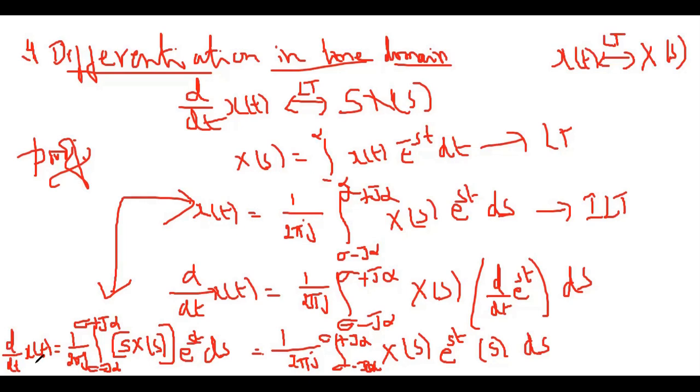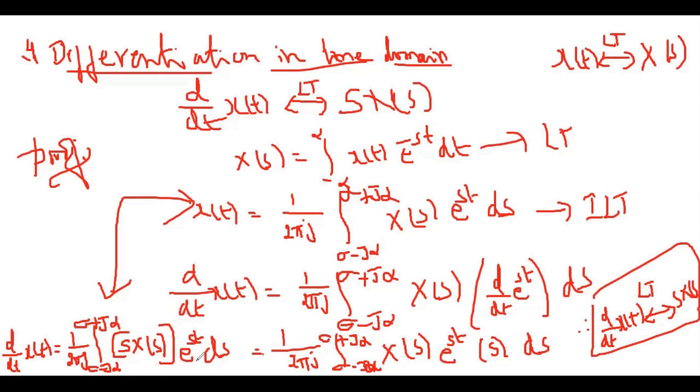Now instead of X of s, it is s into X of s, and instead of x of t, here it is d by dt of x of t. Therefore, d by dt of x of t has the Laplace transformation relation with s into X of s. By using the inverse Laplace transformation definition, x of t is the Laplace transformation of X of s.